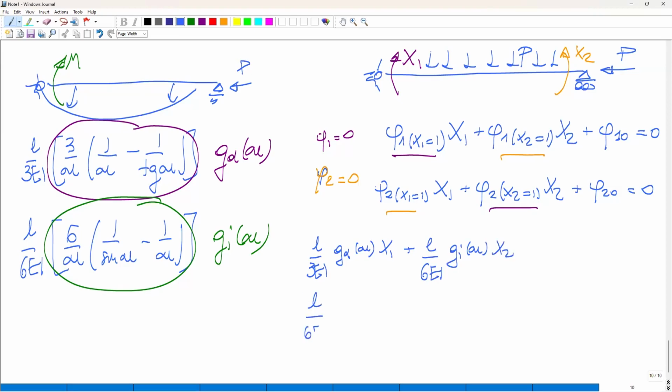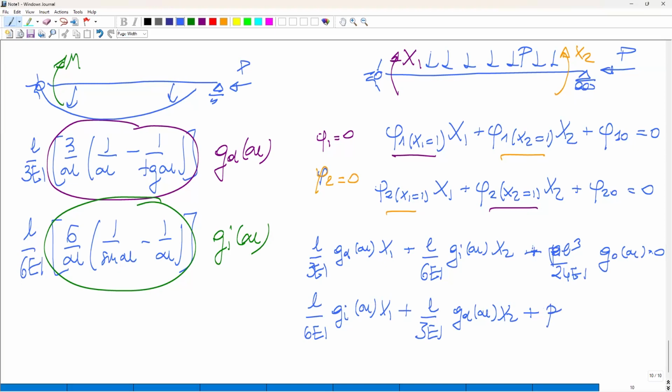And here you have L over 6EJ G indirect X1 plus L over 3EJ G direct X2. These are the only ingredients that you need: L over 3, L over 6, and the correction function. And here, what you get for phi1 0 and phi2 0 is what we have seen before, which is PL cubed by 24EJ, G0 of alpha L.